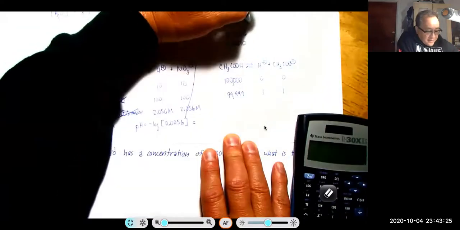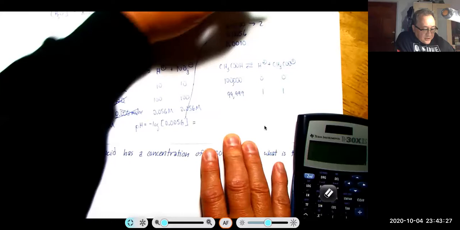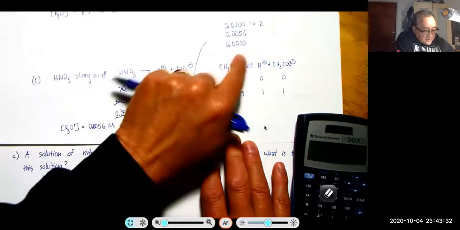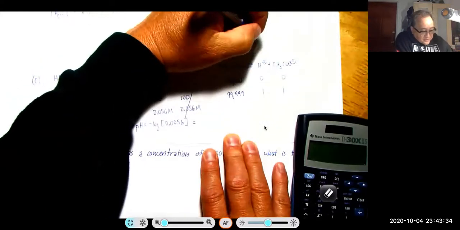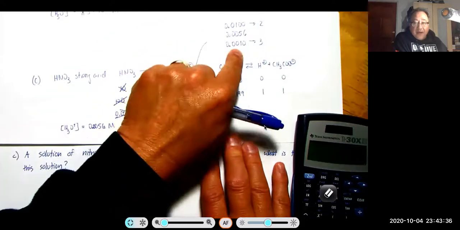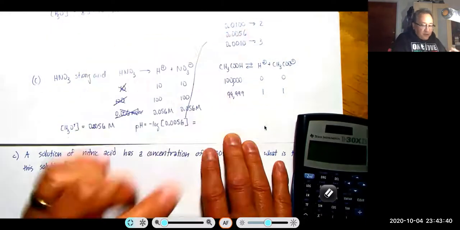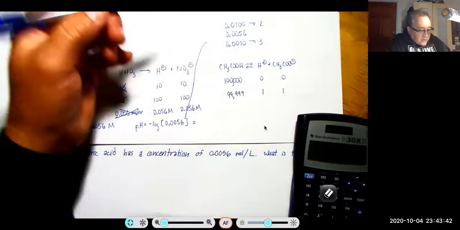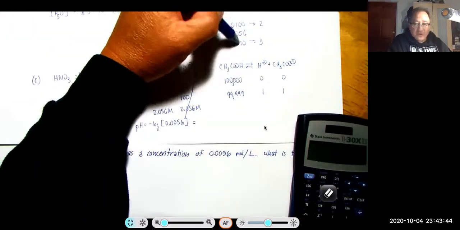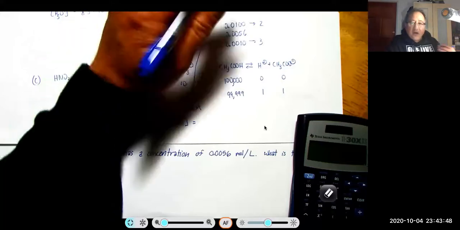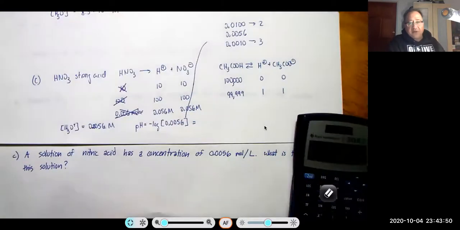Well, this would give me a pH of 2 because it's 1 times 10 to the minus 2. This would give me a pH of 3 because this is 1 times 10 to the minus 3. So that means that my pH should be between 2 and 3. And it looks like this is halfway between the two, so you'd expect it to be right around 2.5. Turns out logarithmic is not a linear scale, so it's not going to be 2.5.